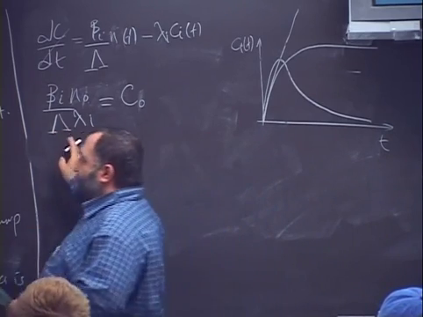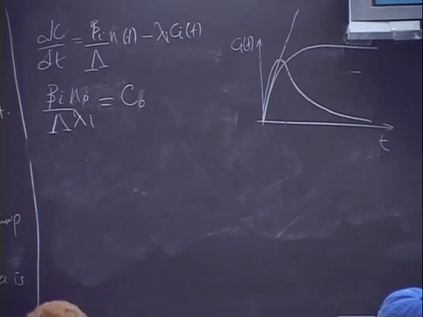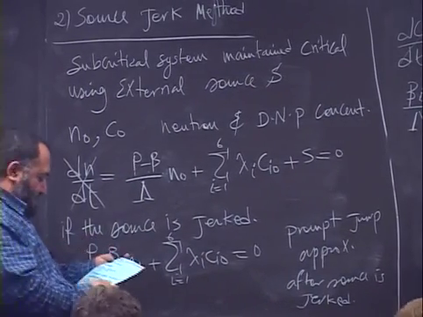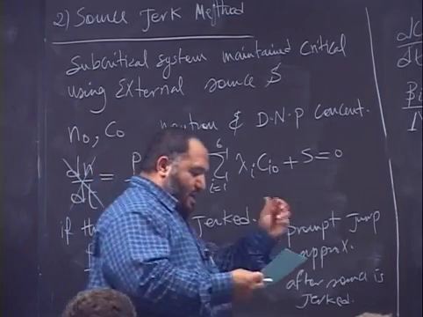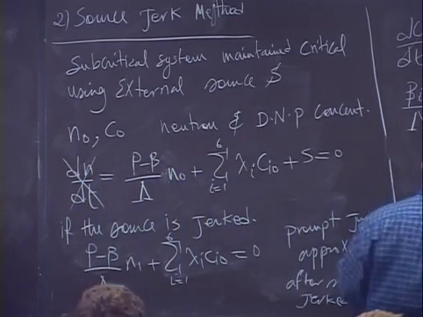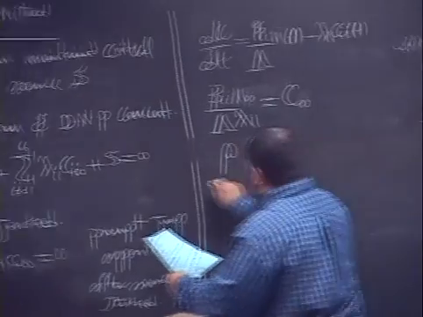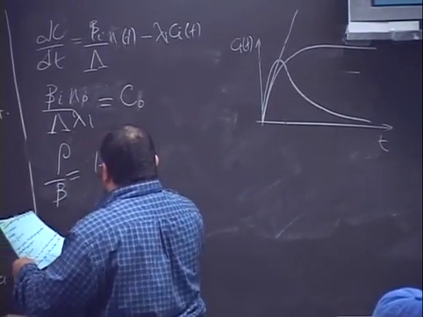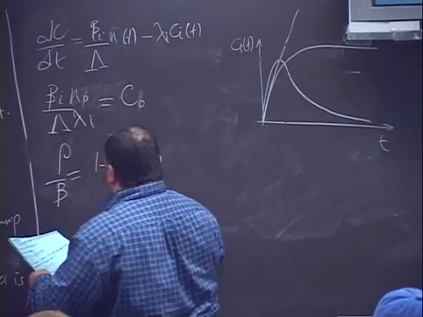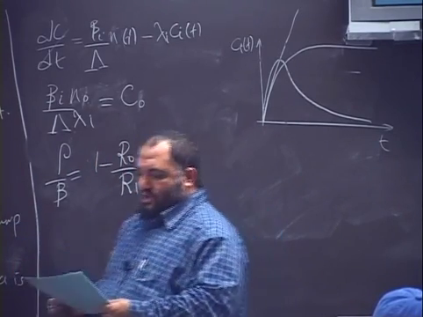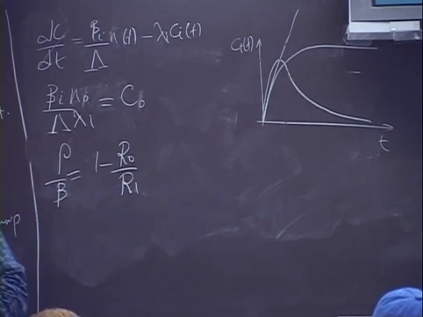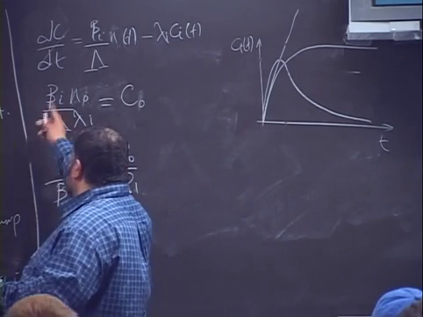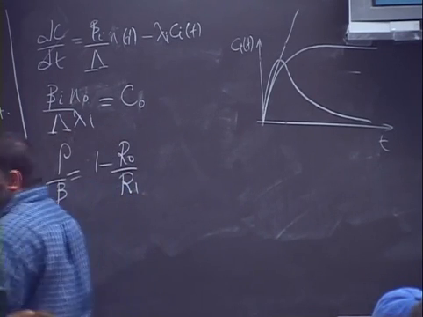You can use this equation with the prompt jump approximation, and also use rho over beta equal to 1 minus R naught over R1 to calculate parameters like the period T, or any other parameter from here.